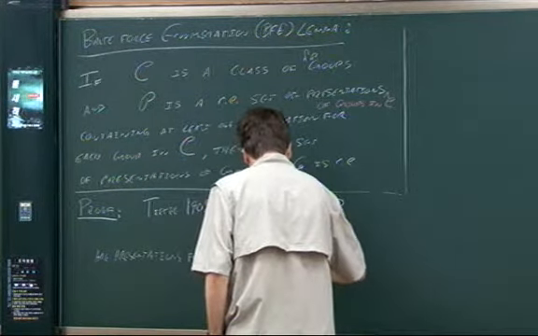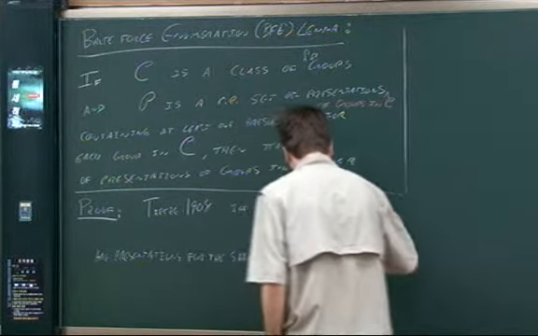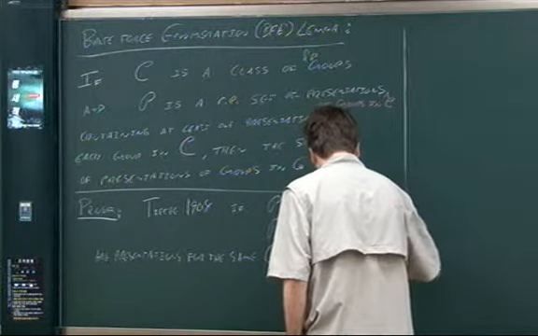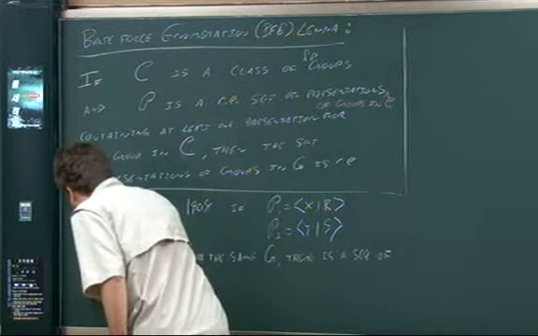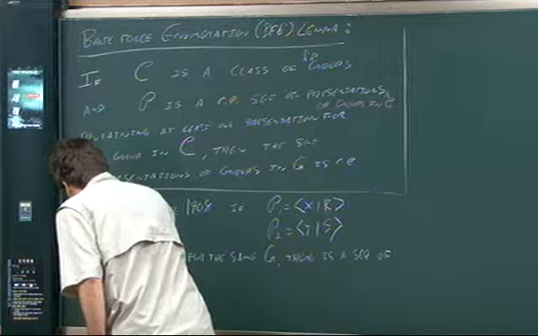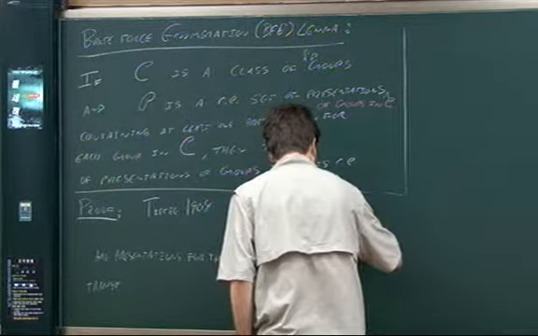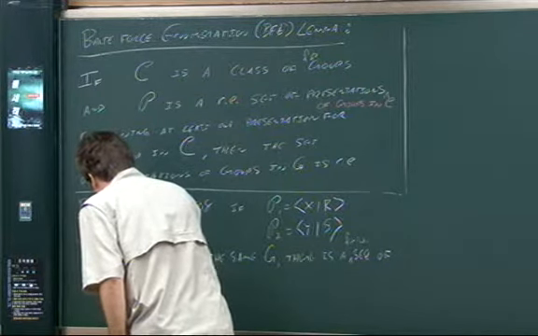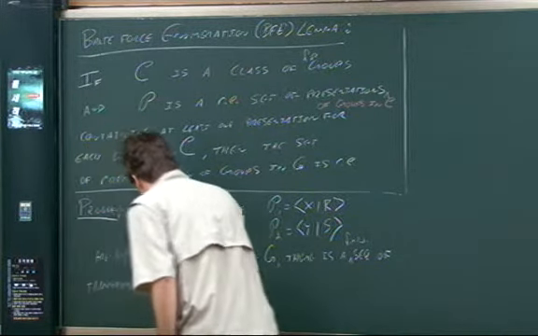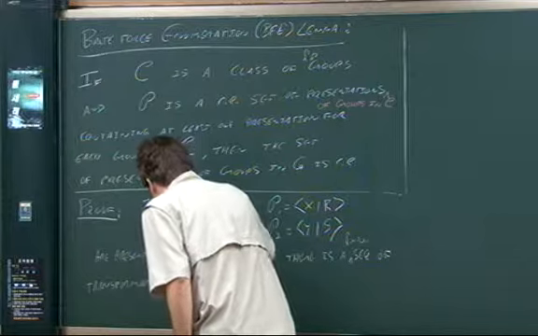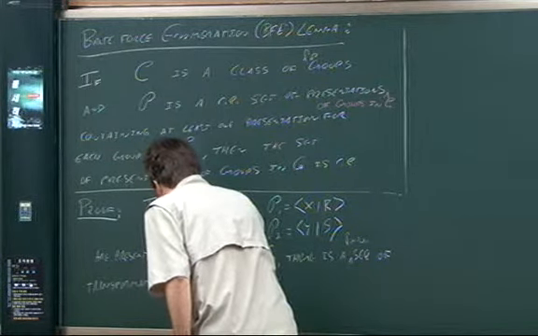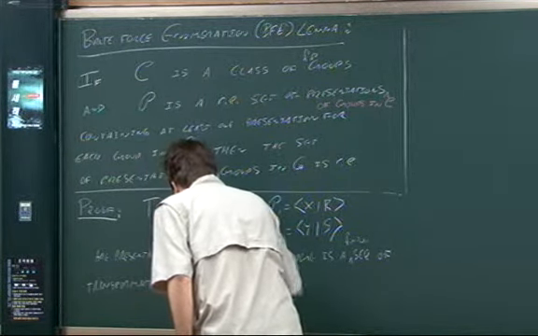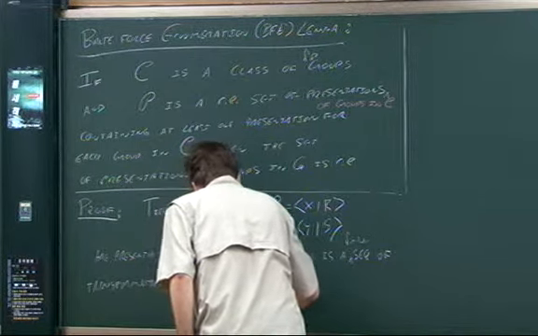then there is a finite sequence of transformations. So we're starting with this x0. So this is just X with R, and that's my x0, R0.